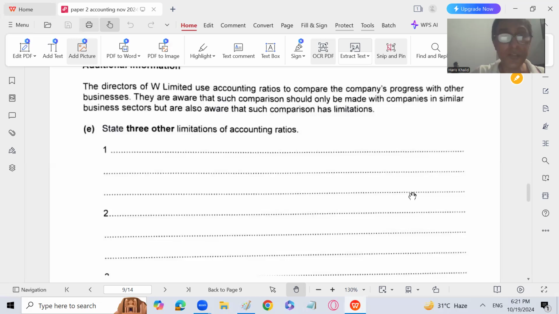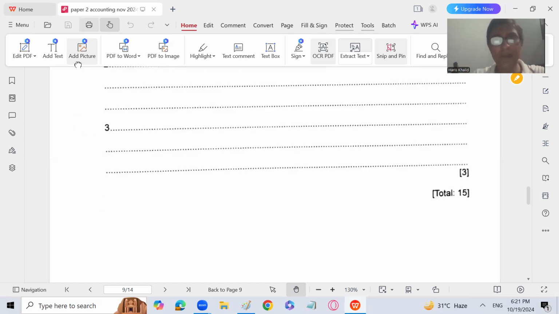Then accounting ratios talk about only financial factors. They do not talk about non-financial factors, but these do affect the business, especially when we are going to compare the business with some other businesses, right? So this is how we have completed this question.